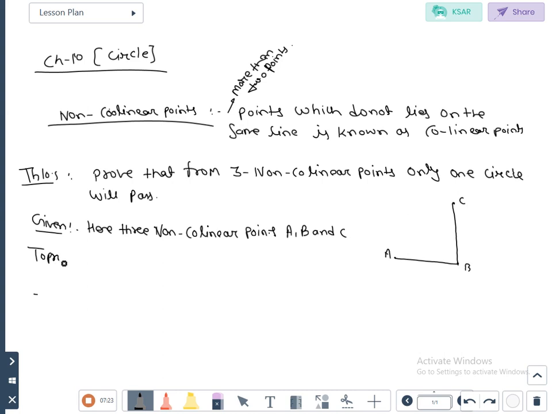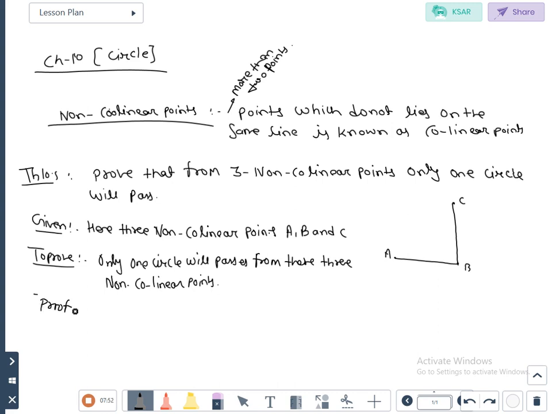What will we prove here? We prove here that only one circle will pass through these three non-collinear points.